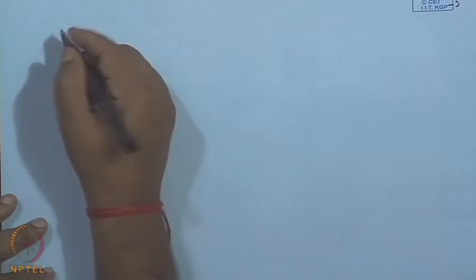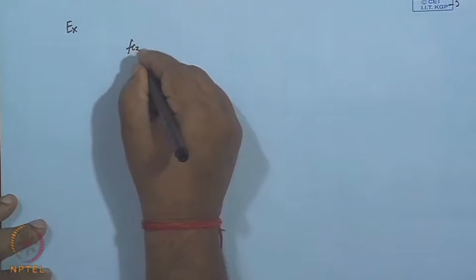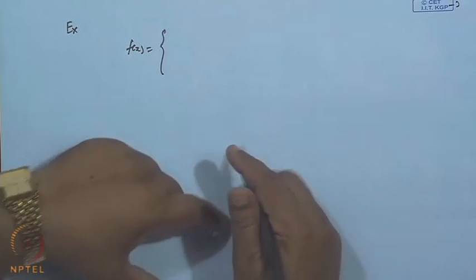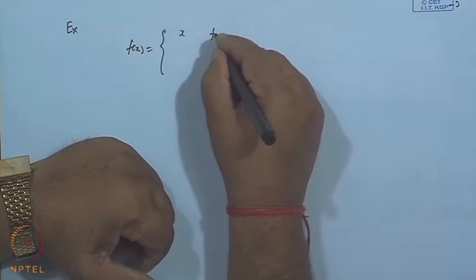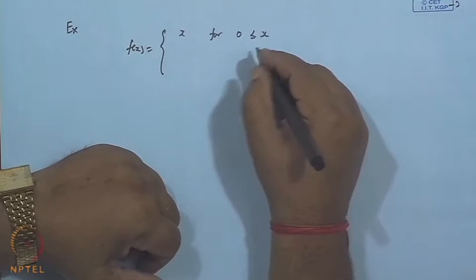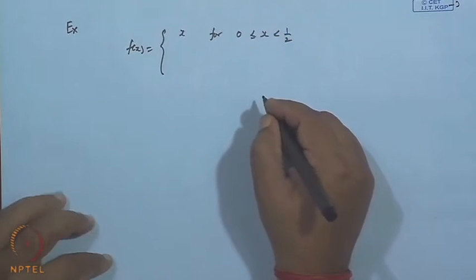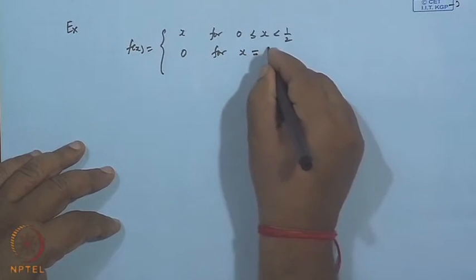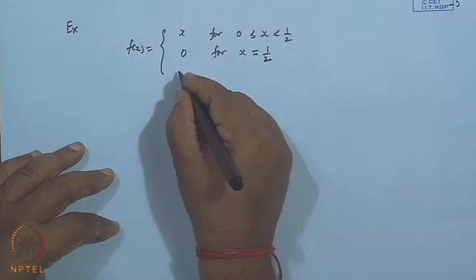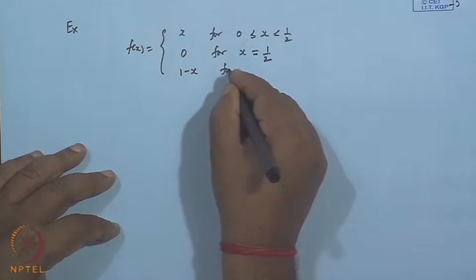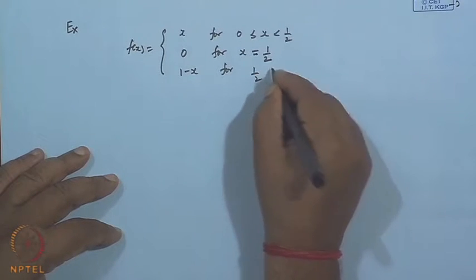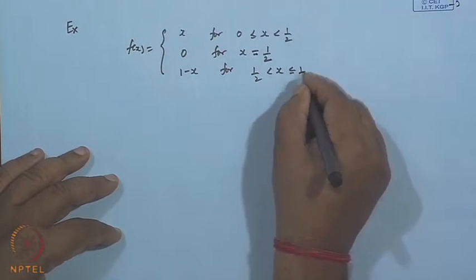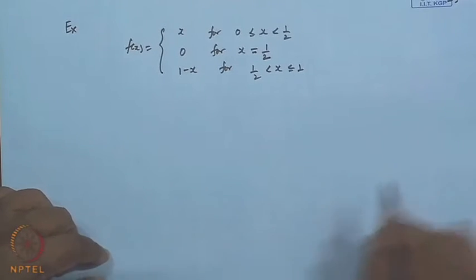For example, suppose we take the function f(x) defined as x for 0 less than or equal to x less than half, equal to 0 for x equal to half, and equal to 1 minus x for x lying between half open and 1 closed. So, over the interval 0 to 1 we are defining the function.